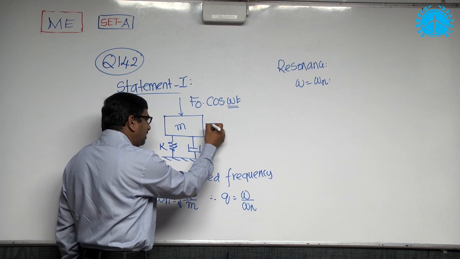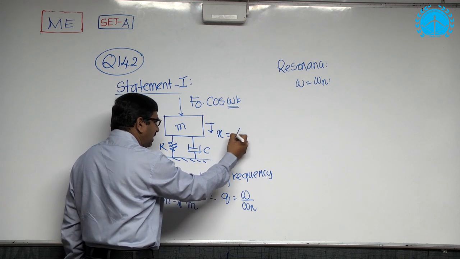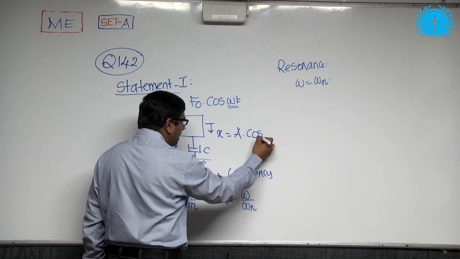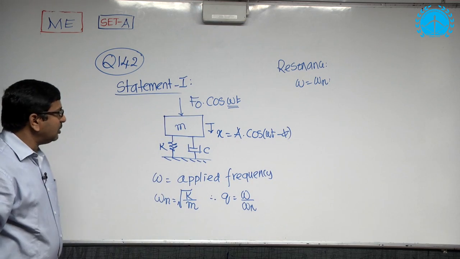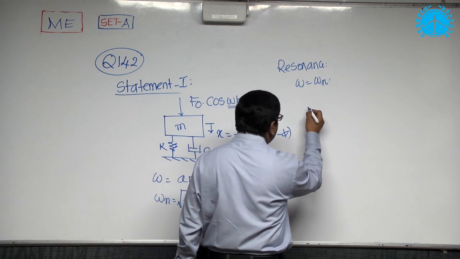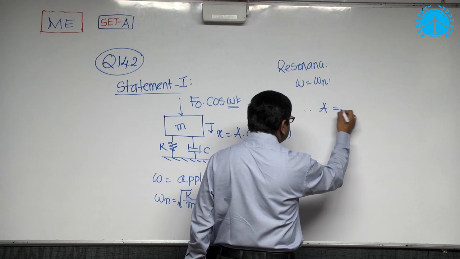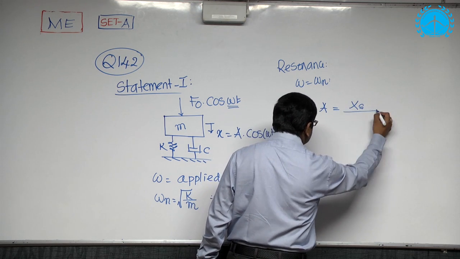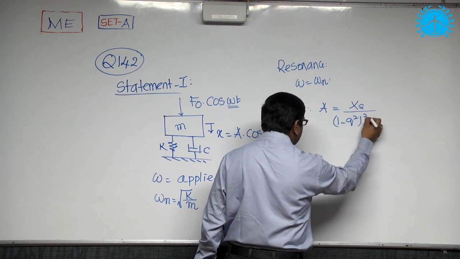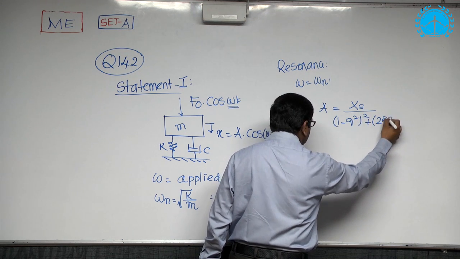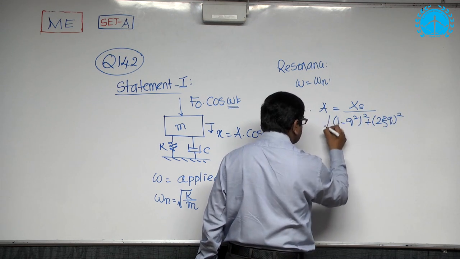If I give the response as x equals A cos(omega t minus phase angle), where A stands for the dynamic amplitude, then the dynamic amplitude is given by xs divided by the square root of (1 minus q squared) whole squared plus (2 zeta q) whole squared.